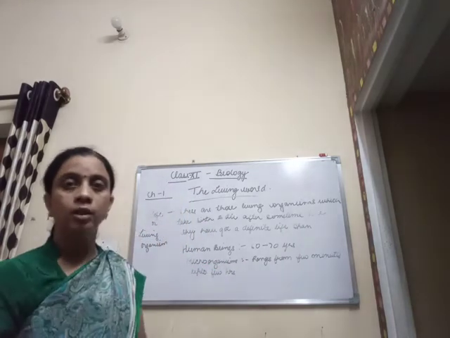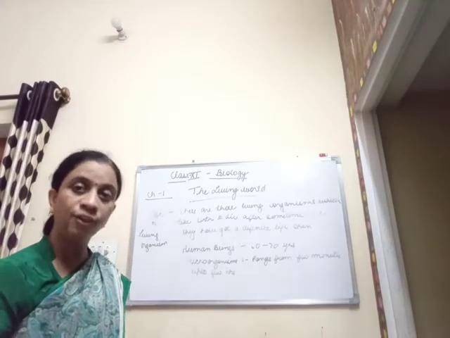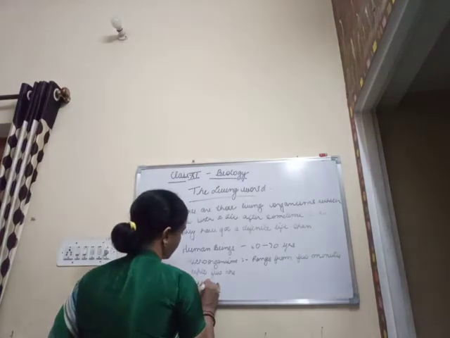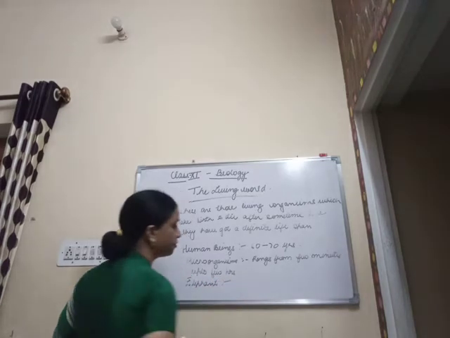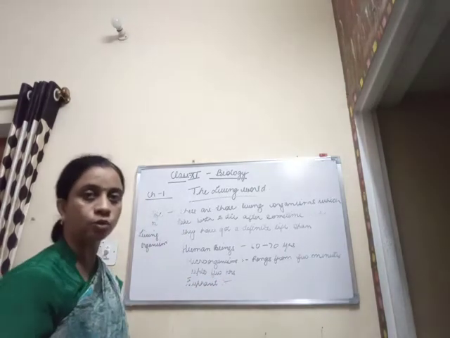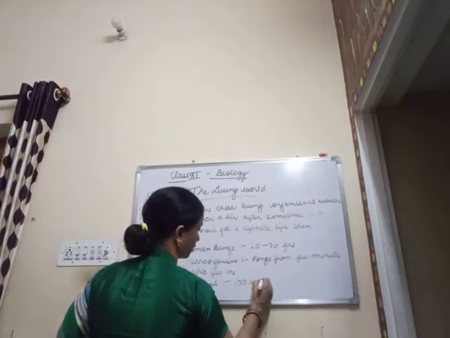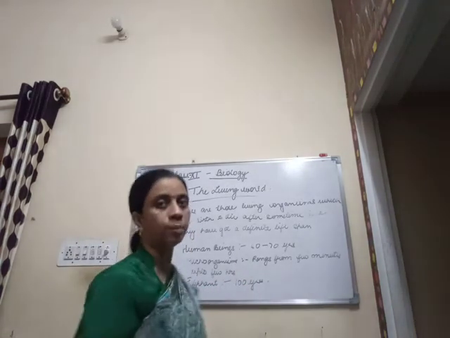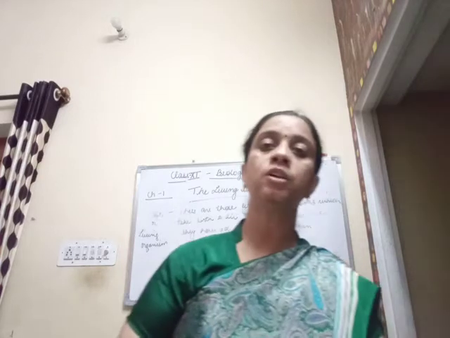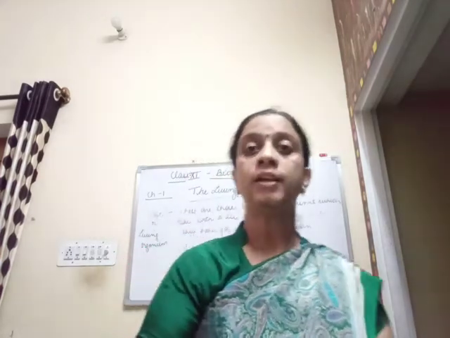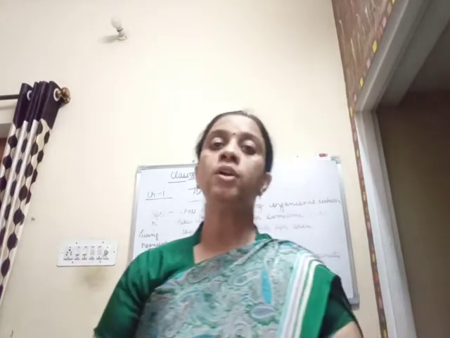Okay. Then when we are talking about the elephant, its lifespan is counted to be around about 100 years. Accordingly, the lifespan of the parrot is around about 150 years, and the lifespan of the tortoise is around about 200 years.